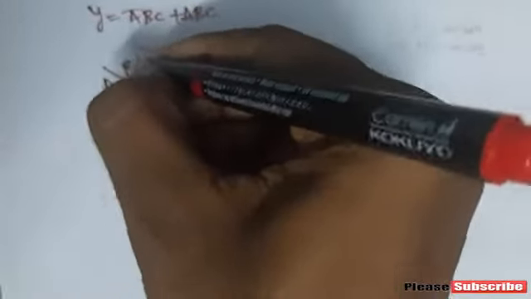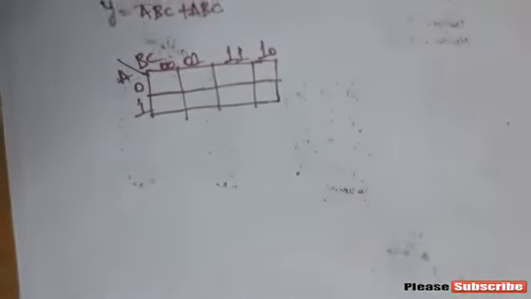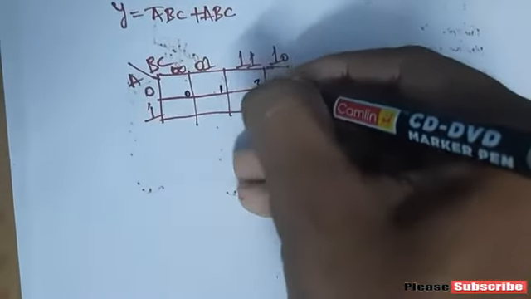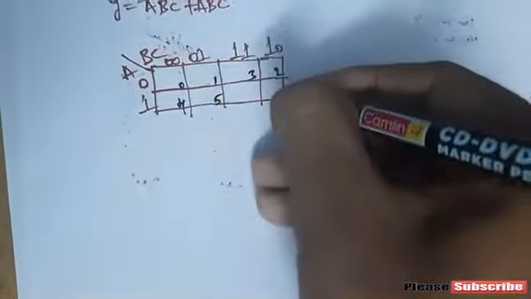A, B, C, 0, 1, 0, 0, 0, 1, 1, 1, 1, 0. 1, 2, 3, 4, 5, 6. This will be the 7.